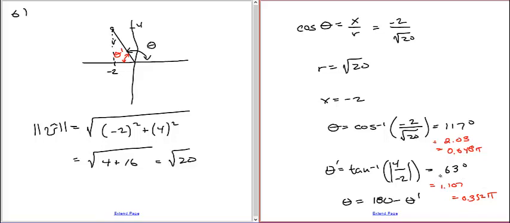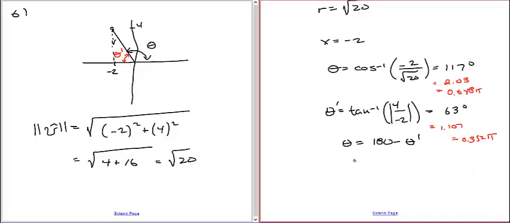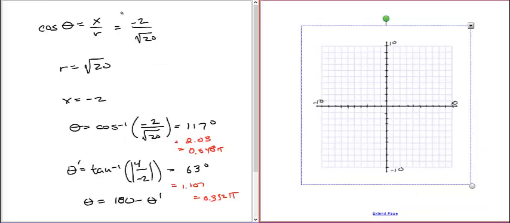So now to get the angle here, you take 180 minus 63 degrees, or pi minus 0.352 pi. So this is 117, or whatever 1 minus 0.352 is, 0.648 pi. So both of these are in the second quadrant. So if you did 63 degrees or whatever, you got points taken off.